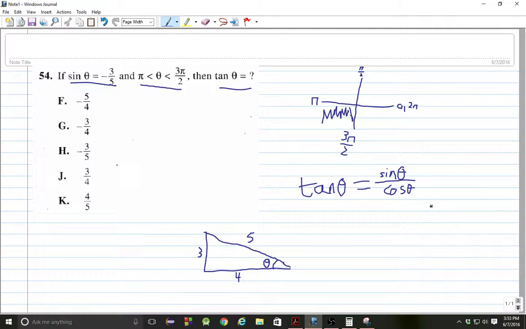So tan of theta is negative 3/5 over negative 4/5, because sine of theta is negative 3/5 and cosine of theta is negative 4/5.